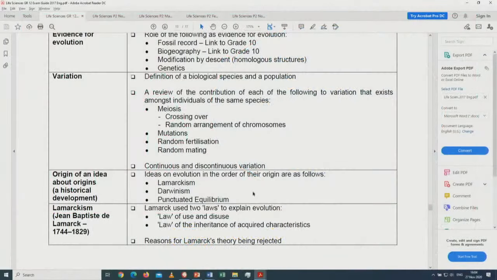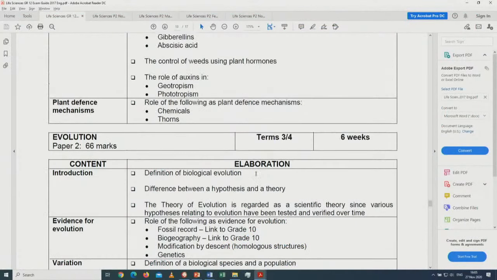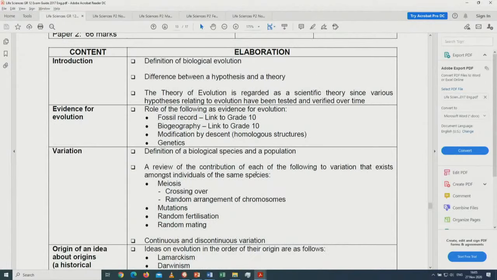Now in evolution, since it covers 66 marks of our question paper, it's almost half of the question paper. Now this is where a lot of work needs to be done.